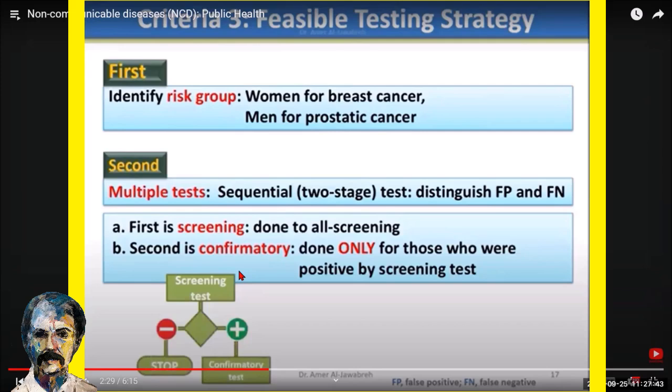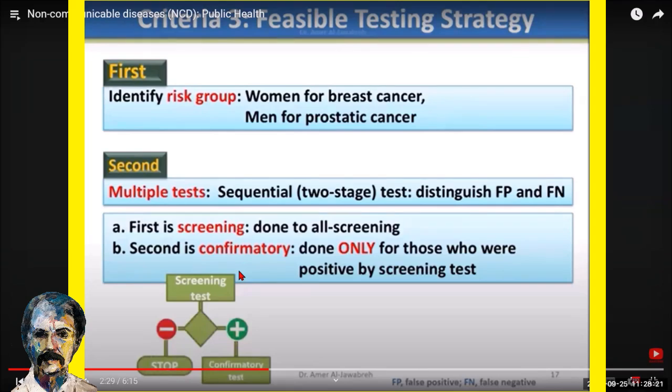Never ever depend on a screening test to make a final diagnosis. That's a big mistake. Screening should be positive and confirmatory should be positive. Then we can say you have lung cancer, you have prostate cancer, you have diabetes, or you have hypertension. But if screening is negative, some physicians will repeat it 2, 3 times, because it's quick, non-invasive, and cheap.